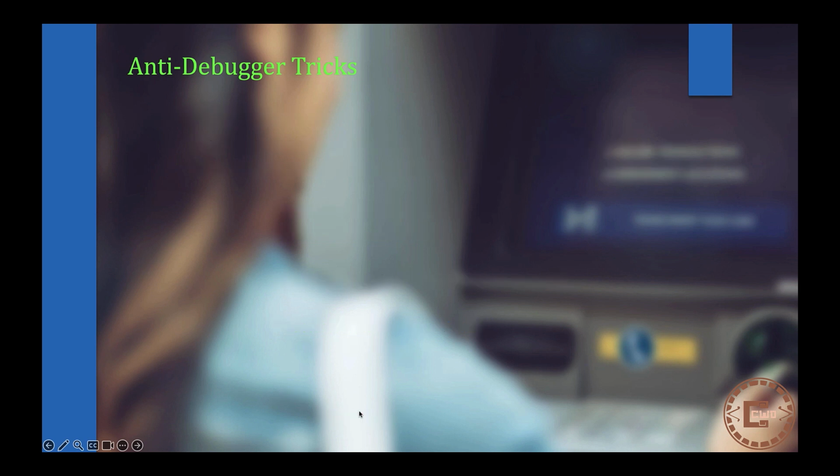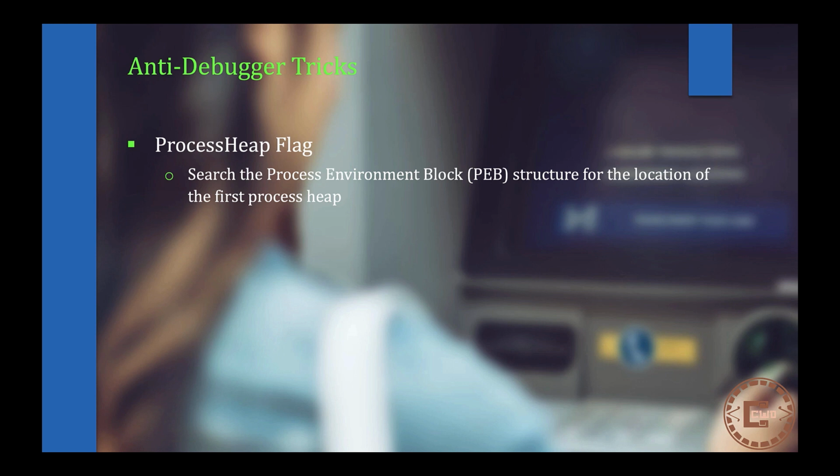Okay, let's see another one, ProcessHeap flag. Again, guys, these guys go deep into the operating system to understand it. That's what I really get amazed about with threat actors. This one goes to the Process Environment Block structure and searches for the location of the first process heap.